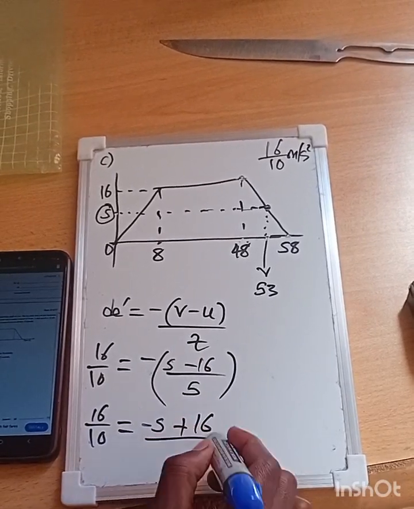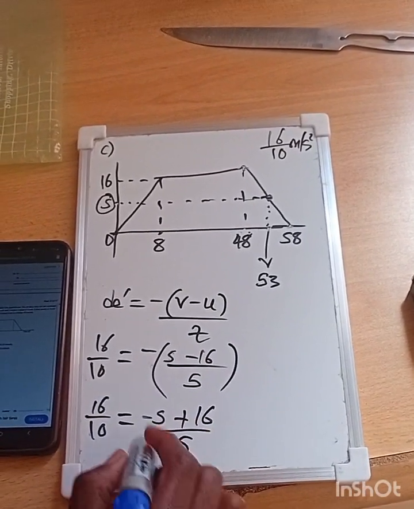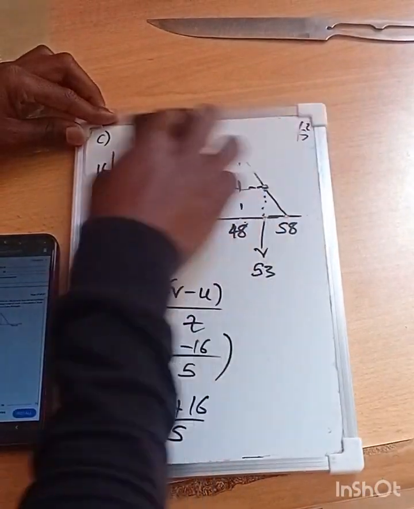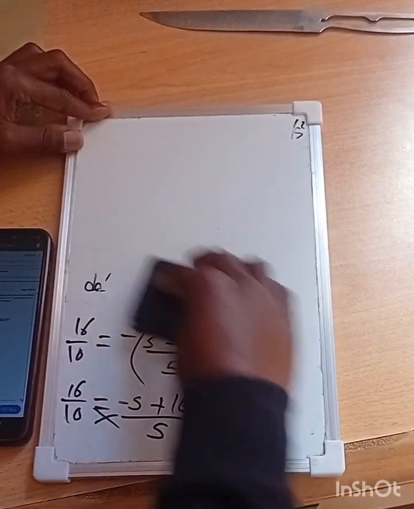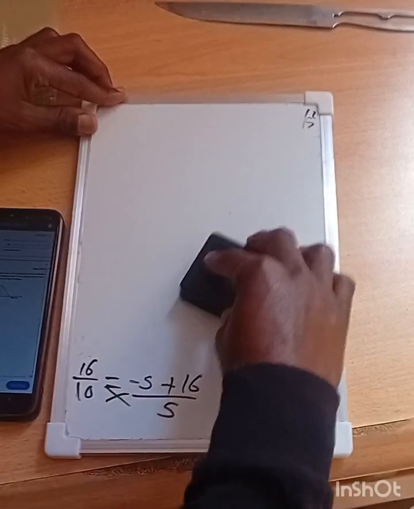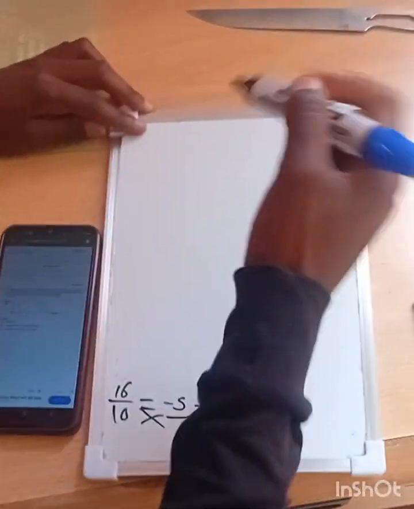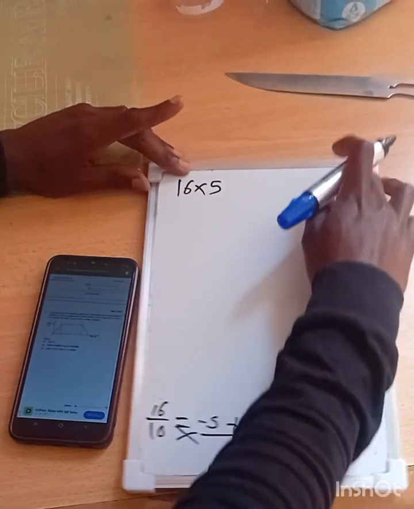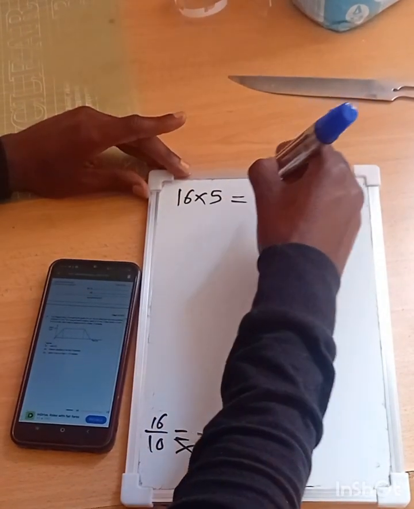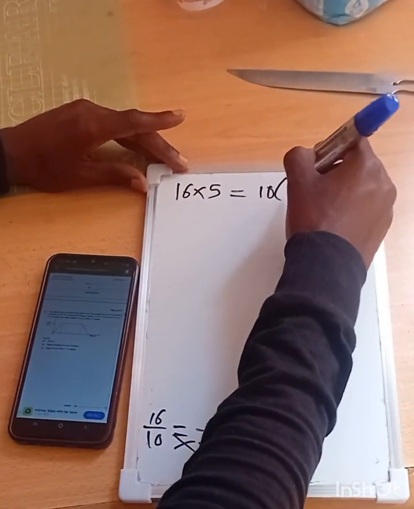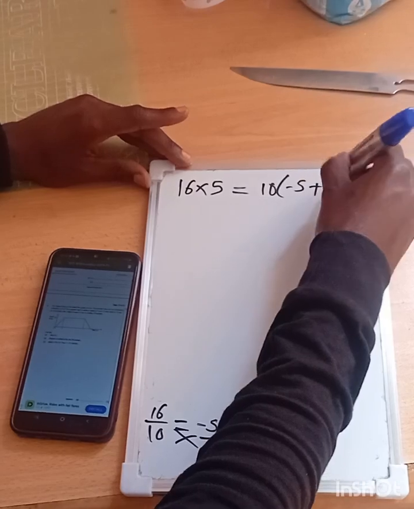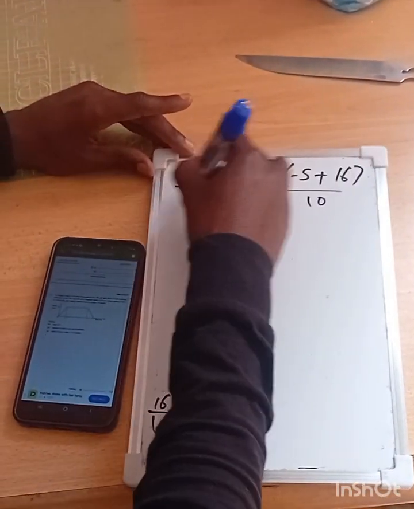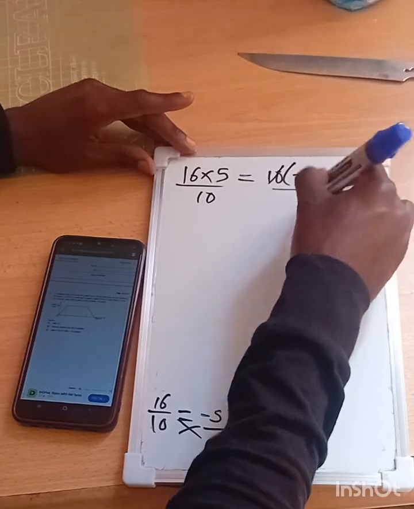So over 5, then you cross multiply. You have 16 times 5, and you write the other as 10 times (negative s plus 16), then divide out by 10 on both sides.